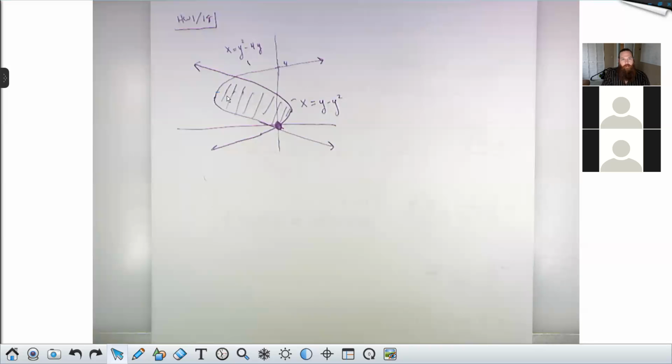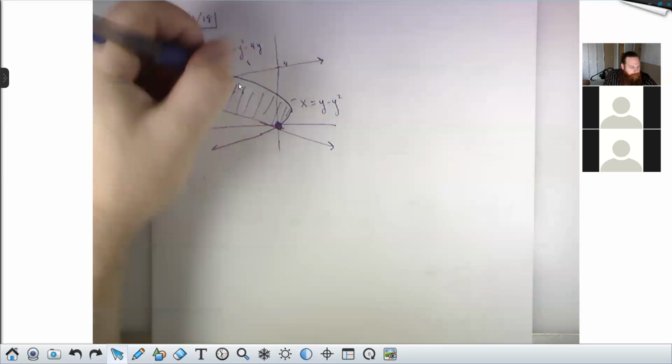I have to think of my little Riemann rectangles as going side to side like this rather than up and down. Because neither of these guys are functions of x, but they are both nice clean functions of y. So that means I'm going to integrate my rightmost function, this guy, minus my leftmost function, this guy, from whatever this y value is, and that one we know is 0, up to whatever this y value is.